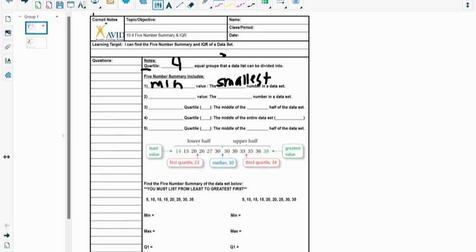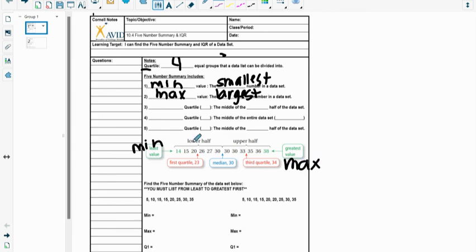Sorry, my pen broke, so I'm having to use my fingers, so I cannot write super small. So we've got our smallest value, our min. Okay, then we've got our largest value. We call this the max because it's the maximum value. It is the largest number in the data set.